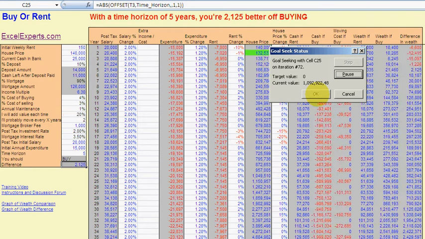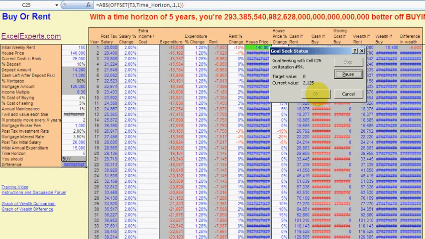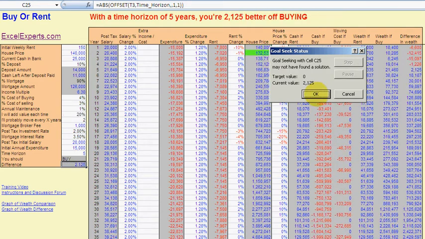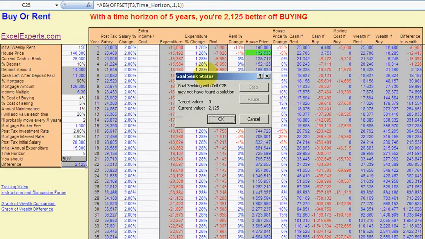Okay. What it's doing here is it's trying to get that value to 0, but it's not able to get a close approximation. So it's trying very wild different assumptions, which is why the numbers go a bit crazy. But it's found what it thinks is fairly close.